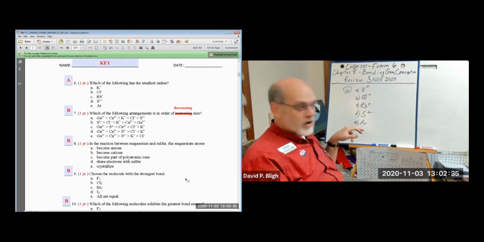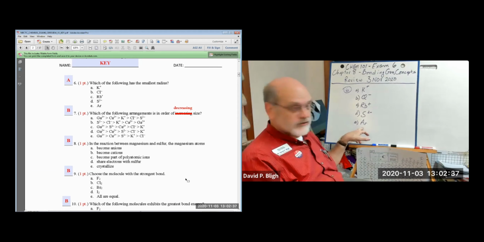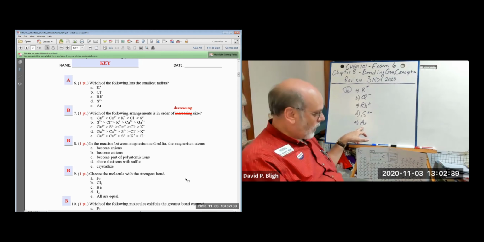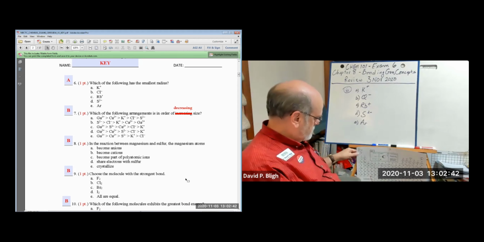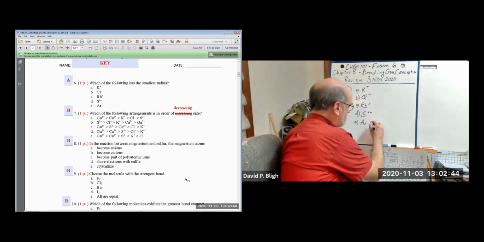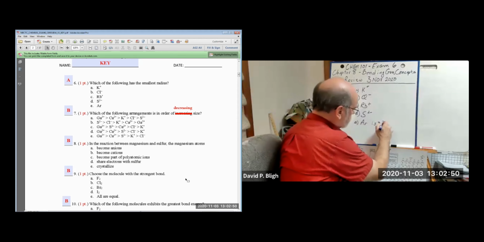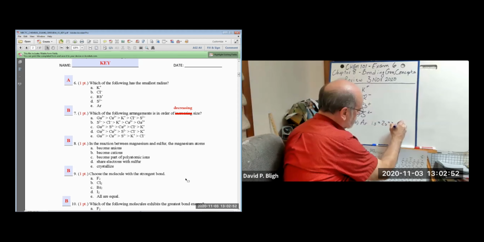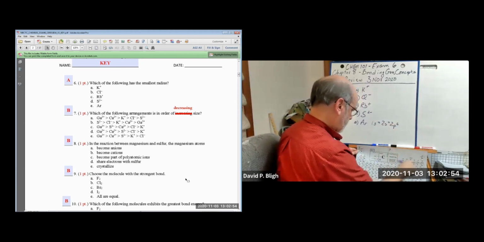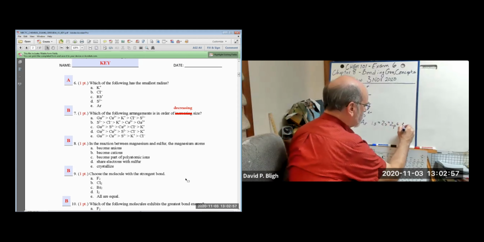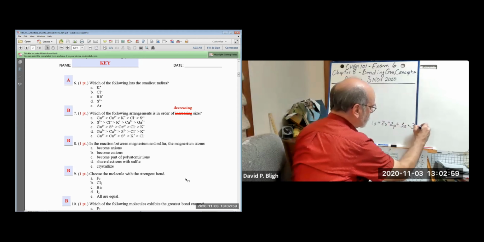Okay, if we start with argon, its ground state, right? So argon is going to be 1s2, 2s2, 2p6, 3s2, and 3p6.